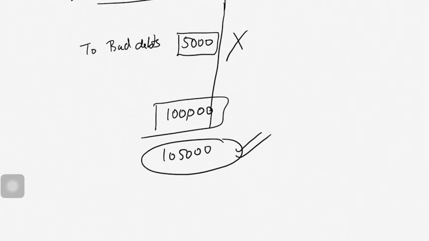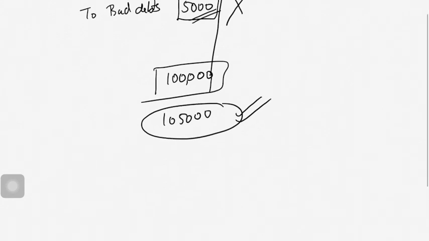In your P&L account it is still 1 lakh only, but you have paid tax on 1 lakh 5,000. That means you have paid tax on this 5,000 also, correct? Because that 5,000 was actually a loss, but you are showing it as your income and paying tax on that 5,000 also.